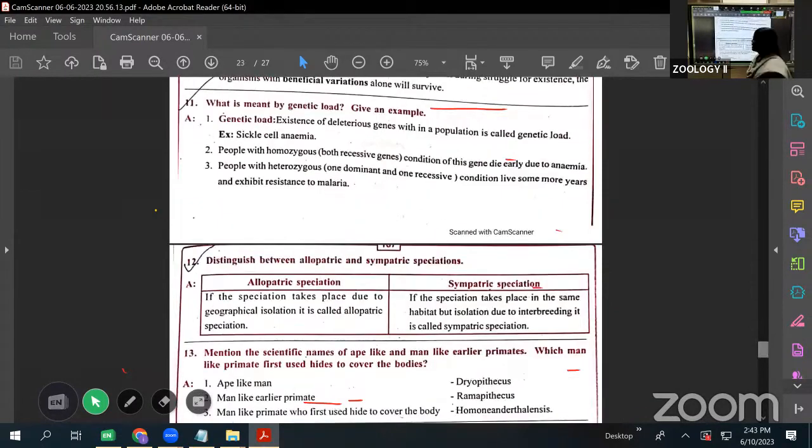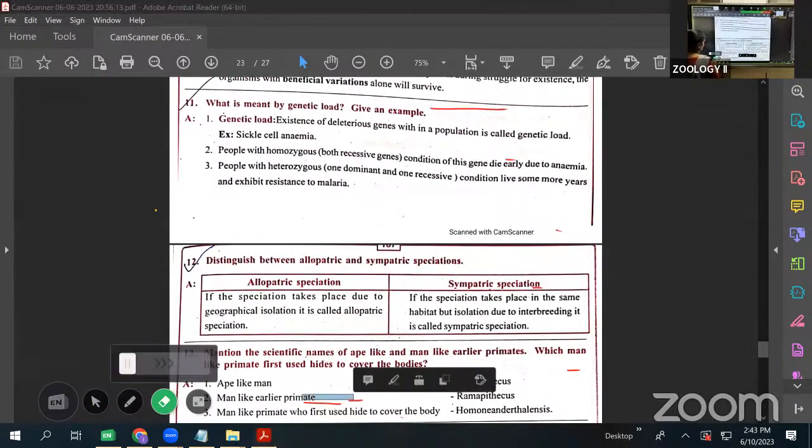Next, the allopatric and the sympatric speciation. See this one here. Allopatric speciation means the speciation takes place due to geographical isolation.